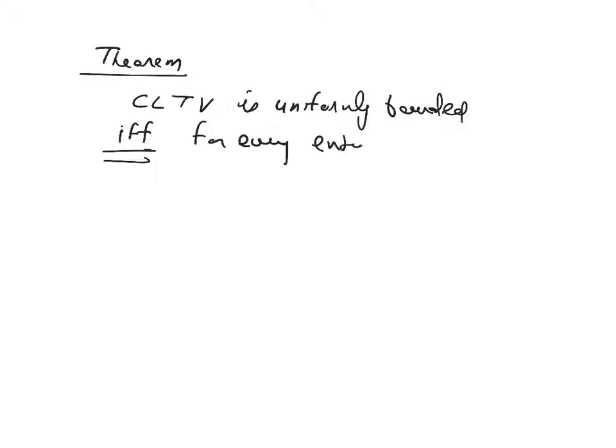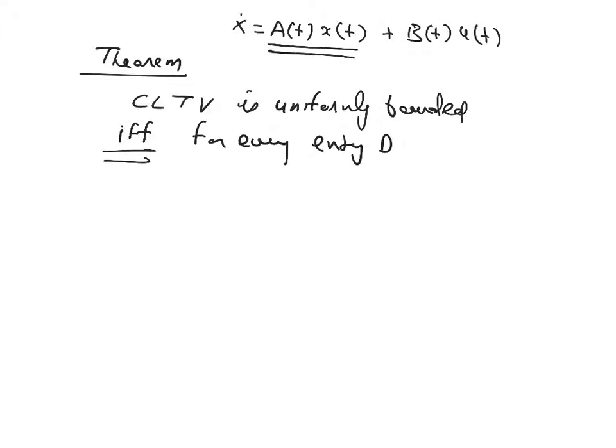So remember our system is what? X dot equals A(t) X(t) plus B(t) U(t). No, we are no longer just constrained to this, right? We are now saying that we also have an input to the system, and Y equals C(t) X(t) plus D(t) U(t).